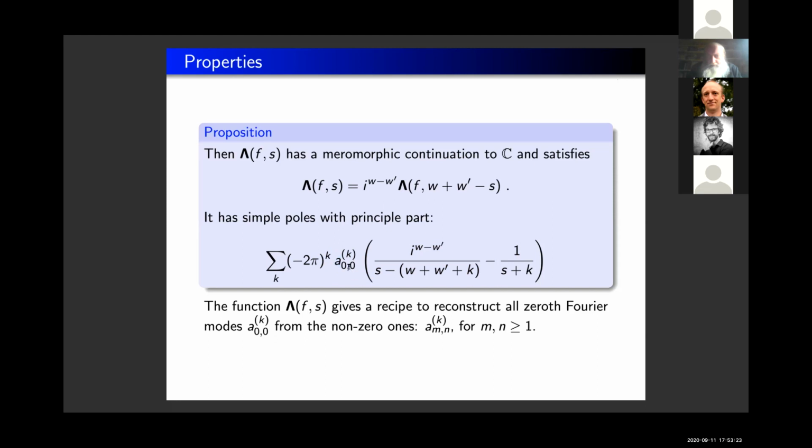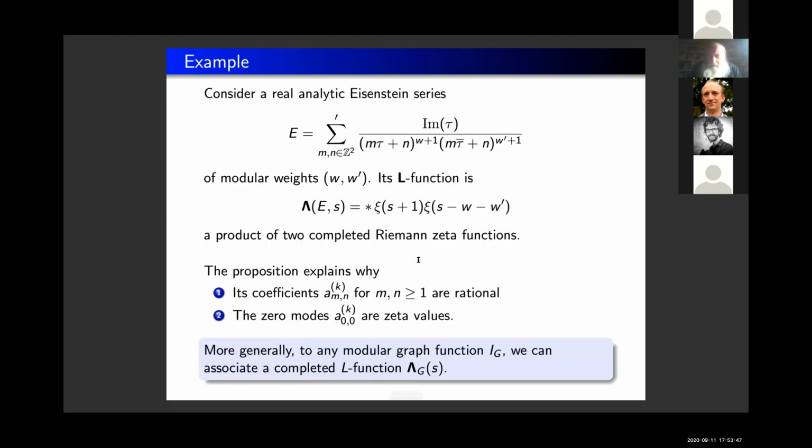So that's kind of fun, because in recalling the definition of the L function, it didn't use the zeroth Fourier modes at all. So this L function gives us a recipe: if we know all the other Fourier coefficients for m, n bigger than or equal to 1, then we can reconstruct the zeroth Fourier modes by forming the L function and taking its residue. So I think that might be of some use.